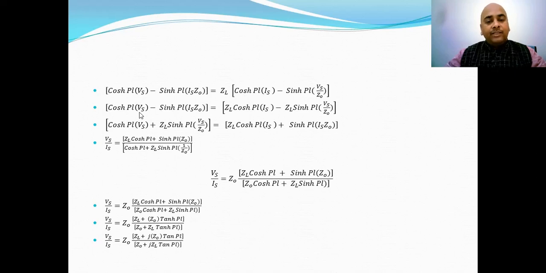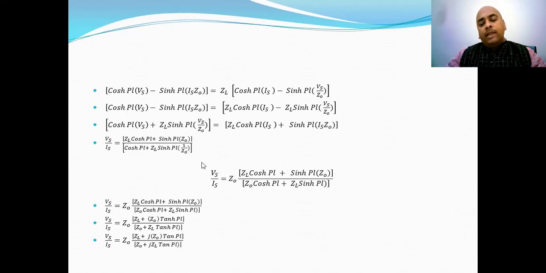Now separating the terms containing Vs on one side and the terms containing Is on the other side, and just taking Vs upon Is, we obtain that the input impedance, which is Vs upon Is, is equal to ZL cos hyperbolic PL plus sin hyperbolic PL into Z naught, divided by cos hyperbolic PL plus ZL sin hyperbolic PL, multiplied by 1 upon Z naught.